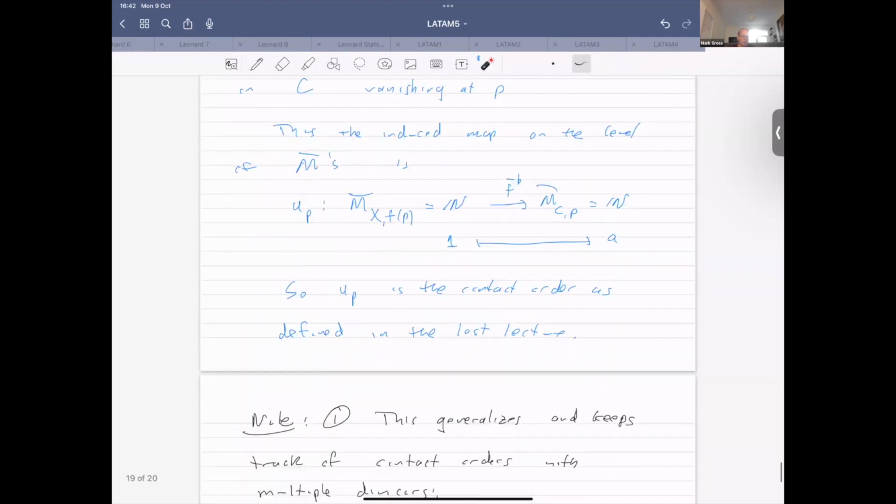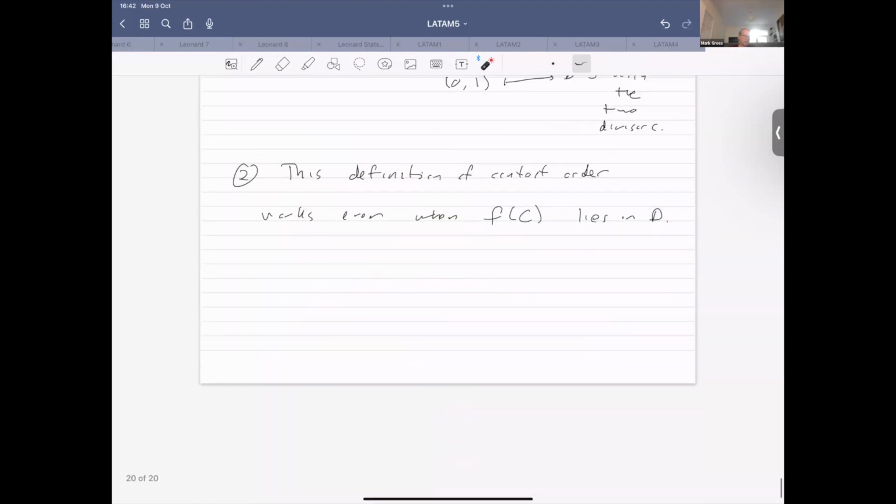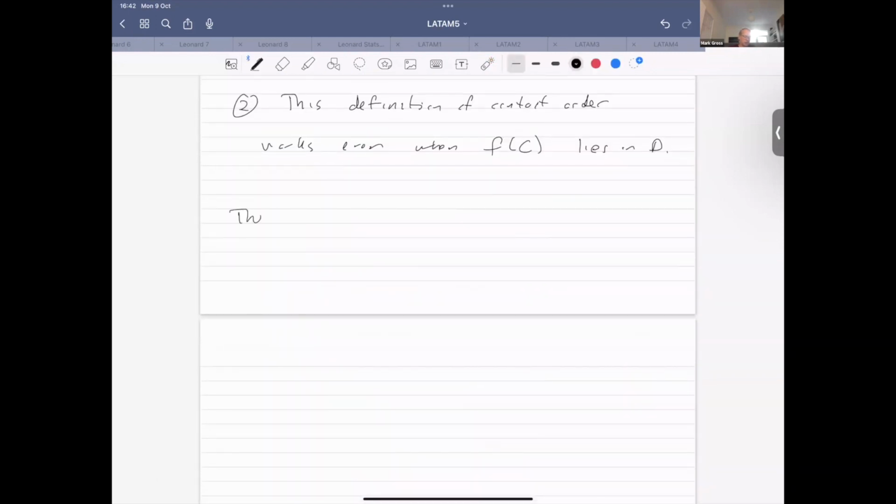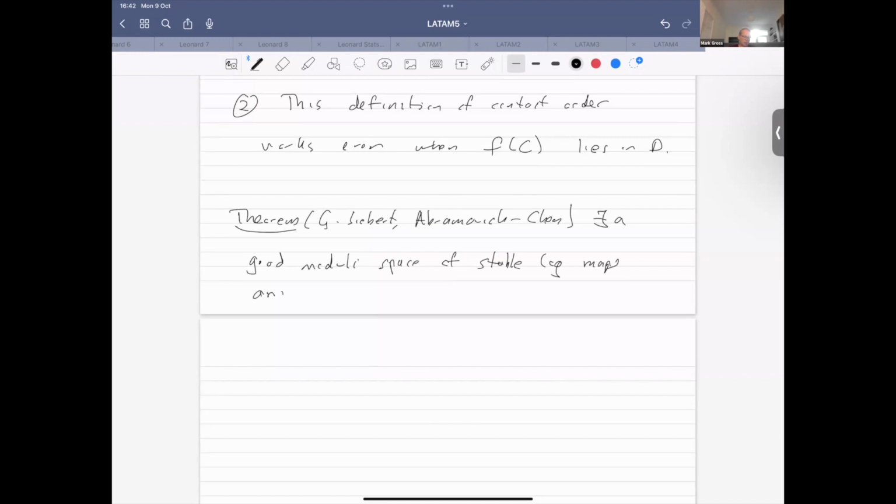Okay, so to make a long story short, let me just state this as a theorem, due to myself and Siebert, and Abramovich–Chen. There exists a good moduli space of stable log maps, and it carries a virtual fundamental class.